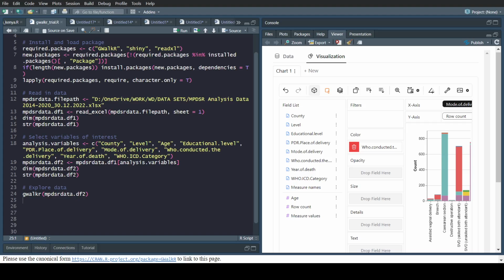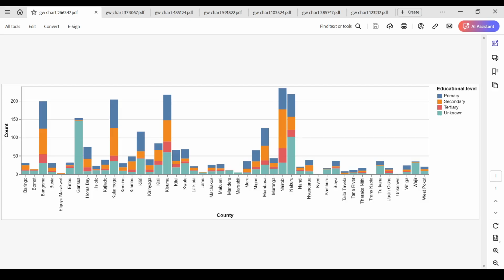I can just show you how that looks when you export these plots, because you can export them as PNG or PDF or SVG. So this is how it looks.